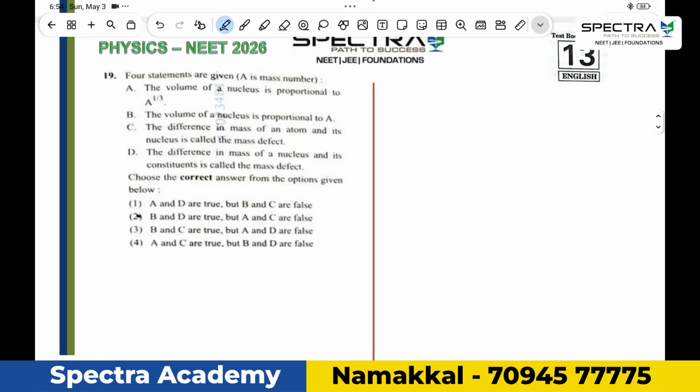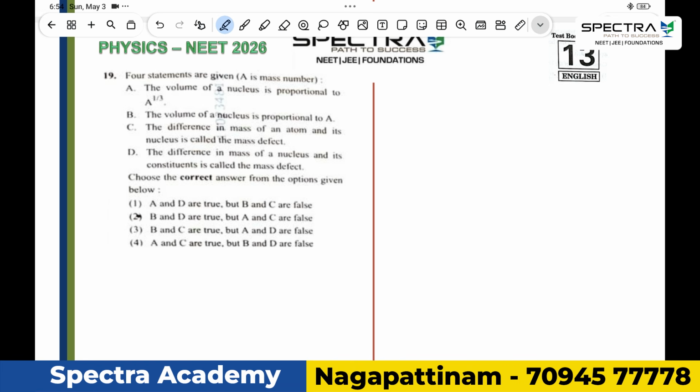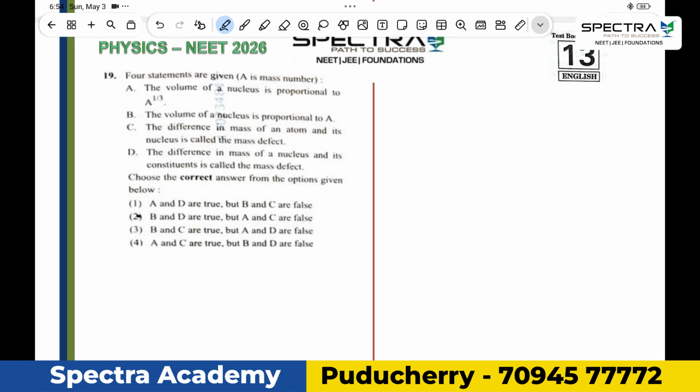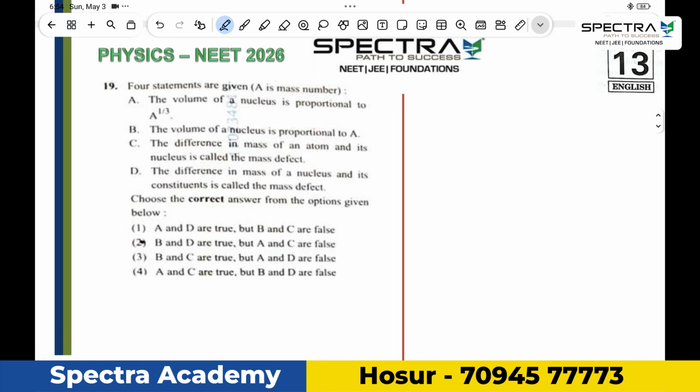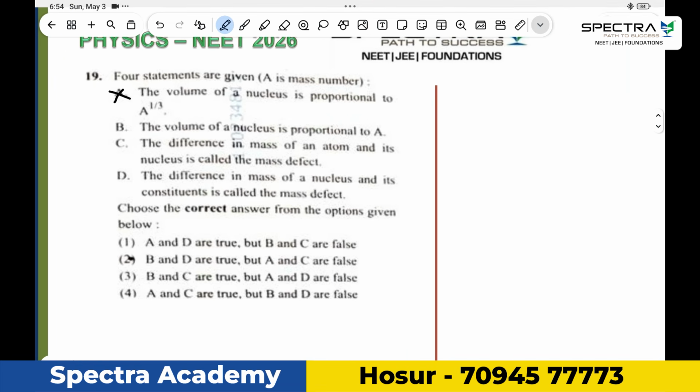Now the next question. 4 statements are given. A is mass number. Here are 4 statements A, B, C, D. A: the volume of a nucleus is proportional to A power 1 by 3. That is wrong, right?